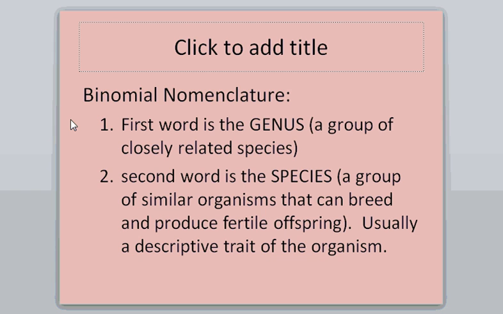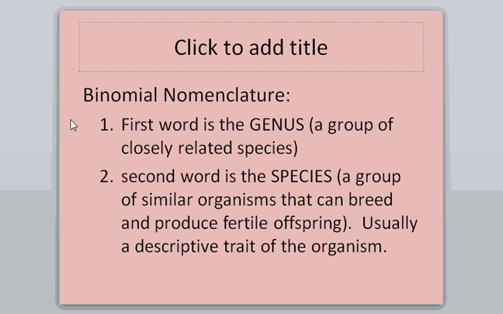Binomial nomenclature starts off with the first word being the genus, a group that is closely related. A genus is very similar to your last name. Most people that share your same last name are closely related to you.